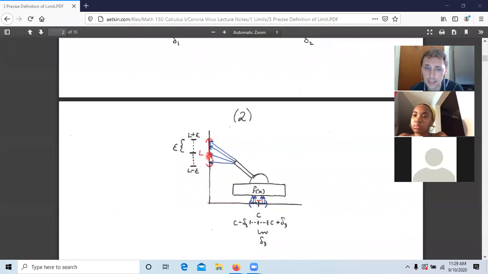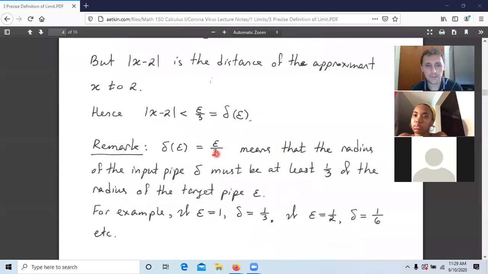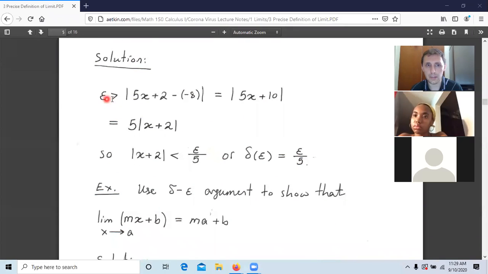Also less than the lower wing, and the length of the lower wing is L minus epsilon, and the difference between L and L minus epsilon is also epsilon, okay? So that's what I communicate algebraically here. I'm not seeing those inequalities, I'm just saying the particle landed in the red pipe. That's what I see in my head, okay?